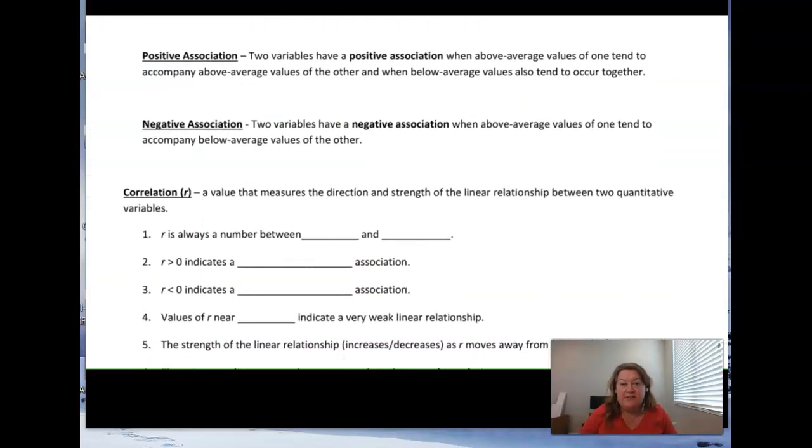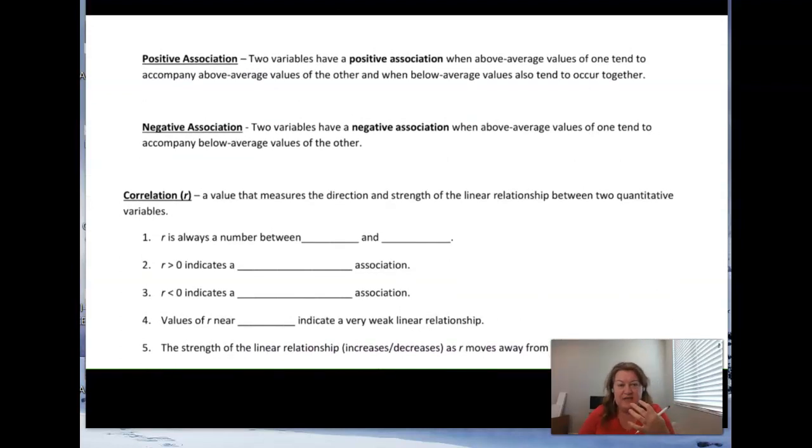First, when we talk about positive association on a scatter plot, we're saying that the numbers basically go up over time, right? You would see the numbers increasing, and the best fit line would look like a positive best fit line. Two variables have a positive association when above average values of one tend to accompany above average ones of the other.